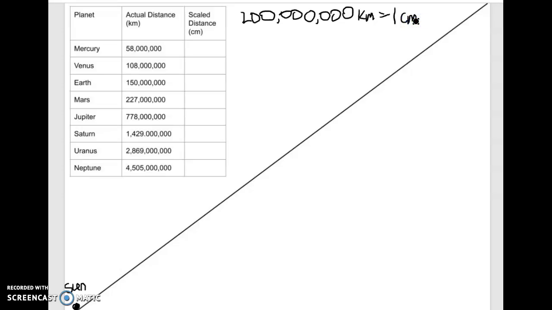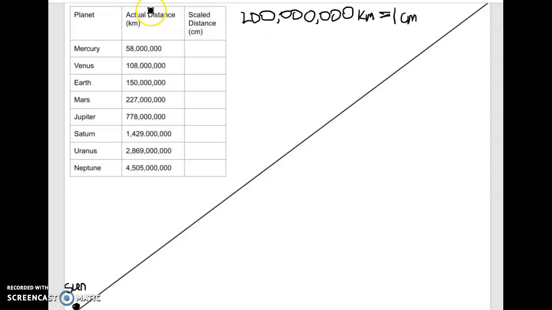So that's our scale for this drawing. So in order to use this scale, we have to make a ratio.